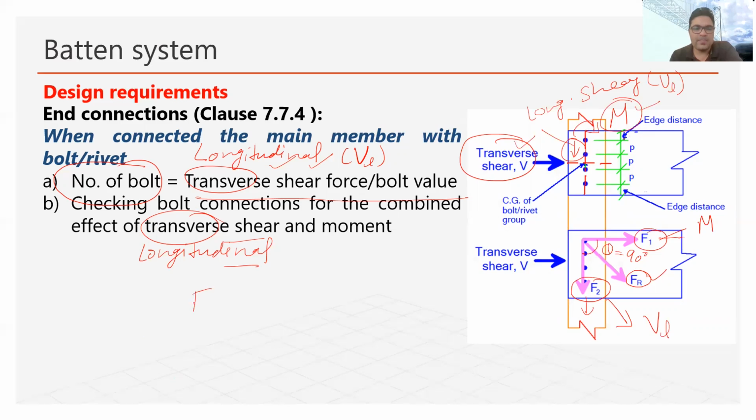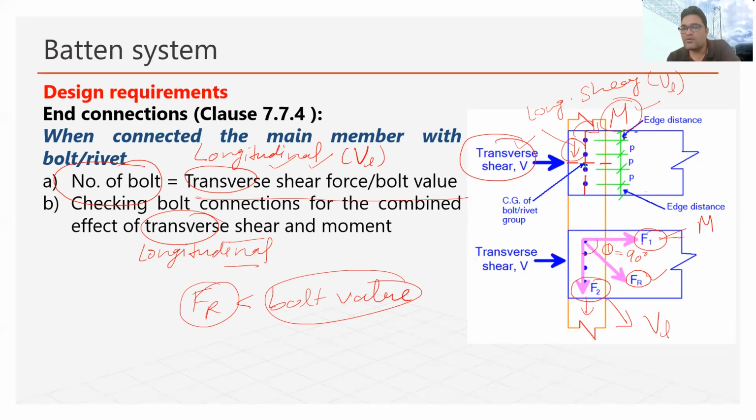I'm saying here that Fr should be less than bolt value. Bolt value is actually the strength of the bolt. So whichever bolt we are using, the strength of the bolt should be more than the resultant force due to the effect of longitudinal shear and the moment.